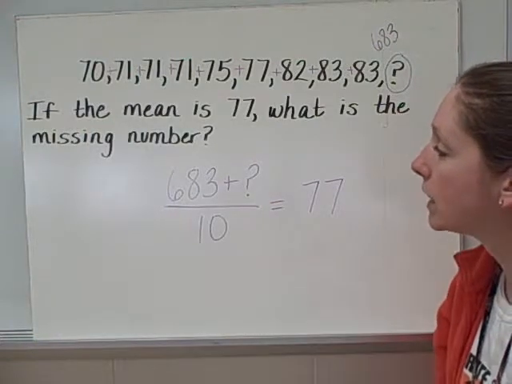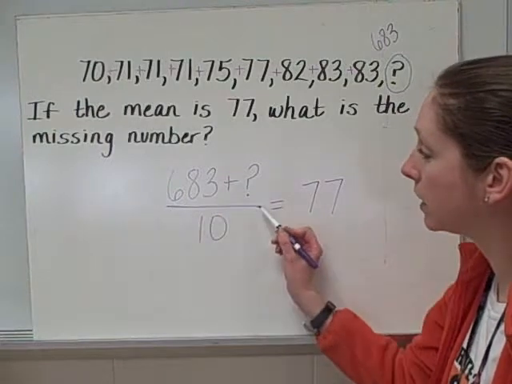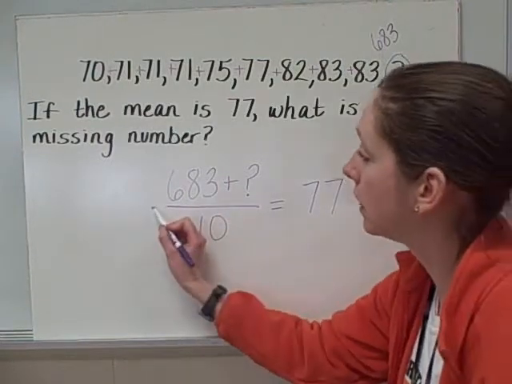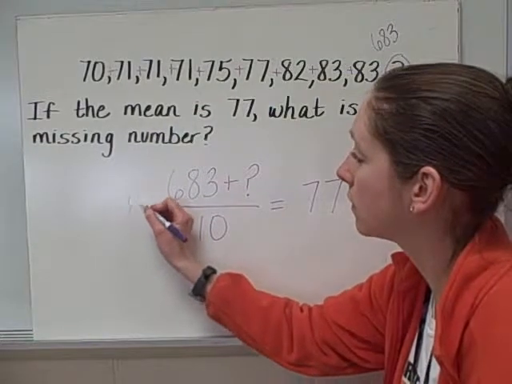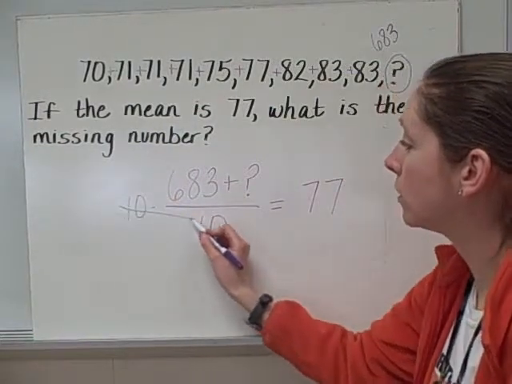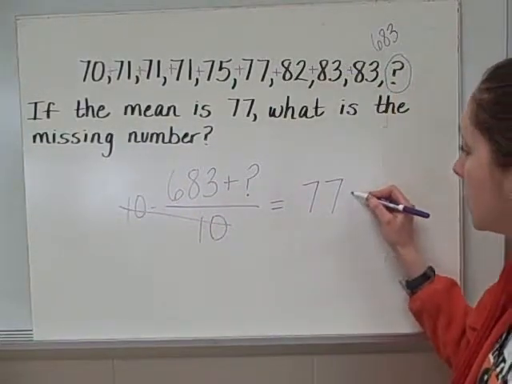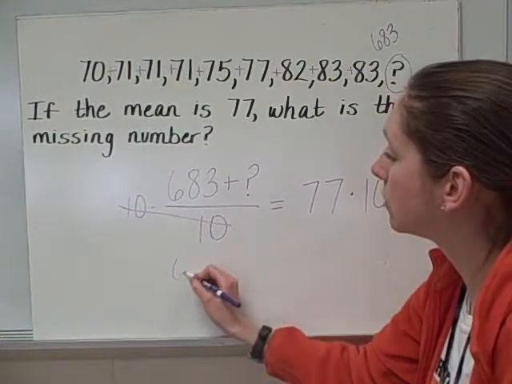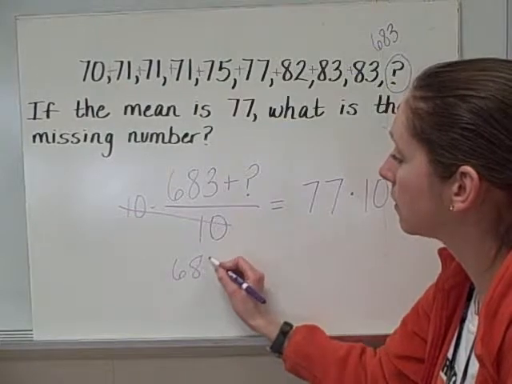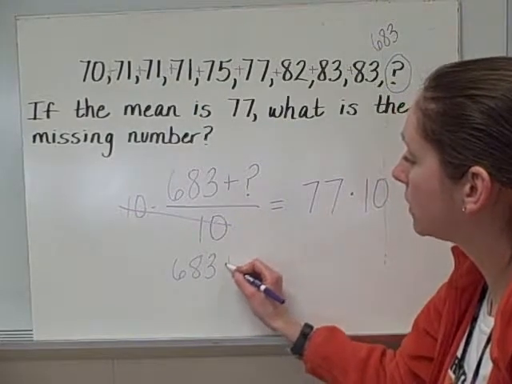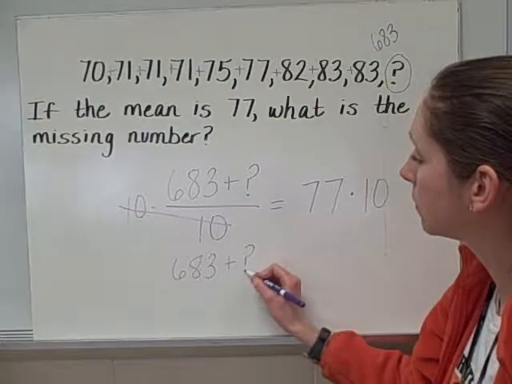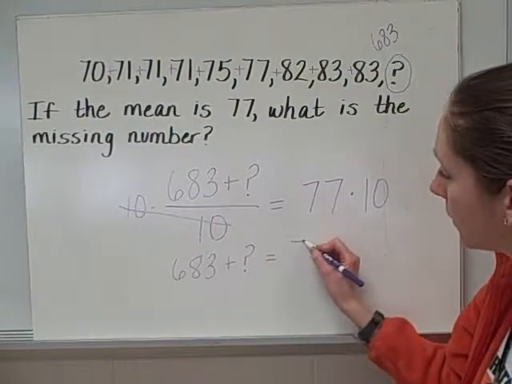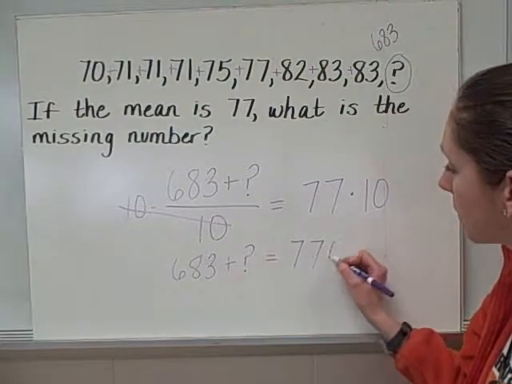The first thing I would need to do is get rid of this divided by 10. And the opposite of dividing by 10 is multiplying by 10. If I do it to one side, I need to do it to the other side. So 683 plus some number equals 77 times 10, which is 770.